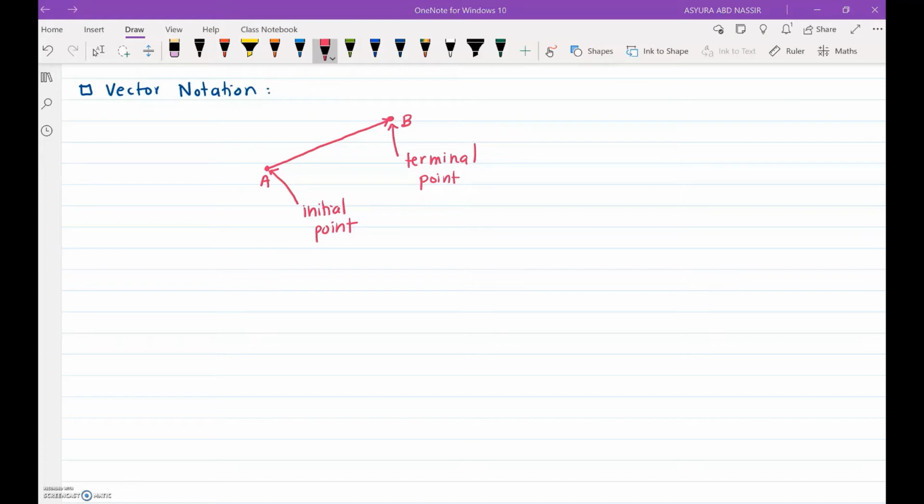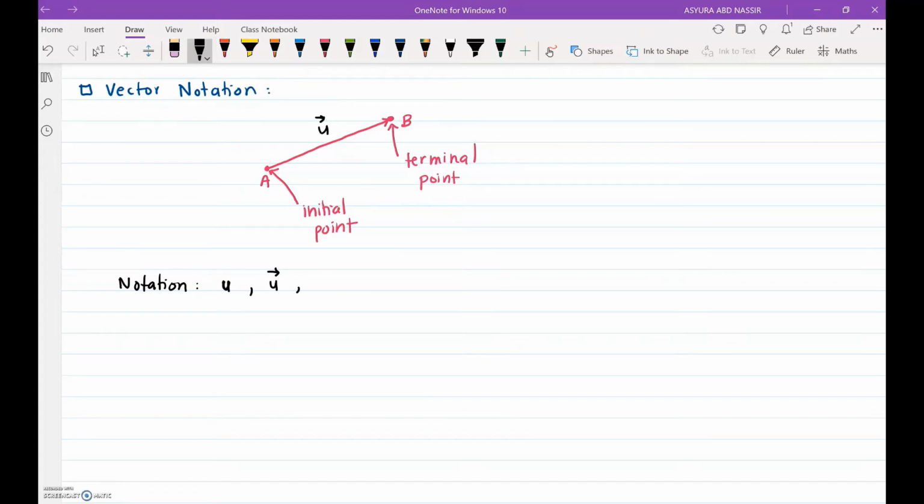Basically, we write the notation for vectors in bold letters. For example, we name it vector U, or we can also write U with an arrow above it.